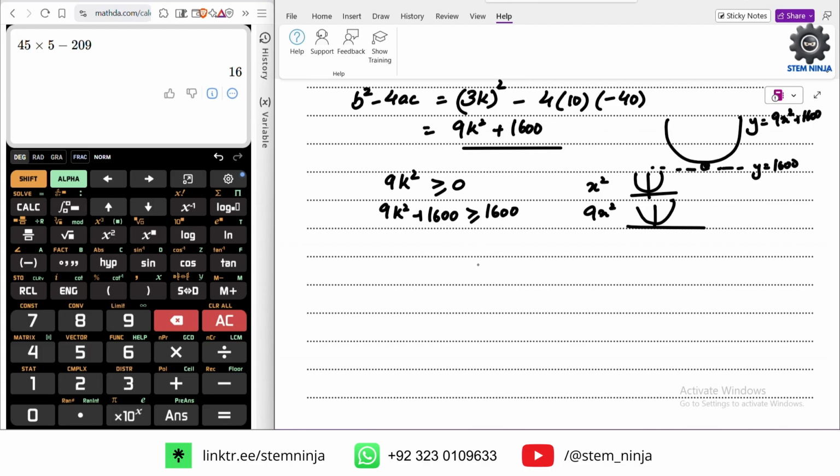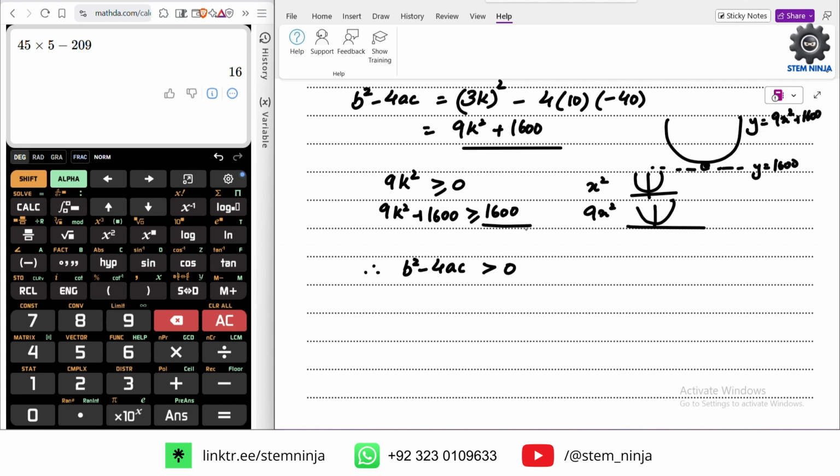Even if you write this as greater than 0 or greater than or equal to 0, that would be fine. So therefore b squared minus 4ac is greater than 0.